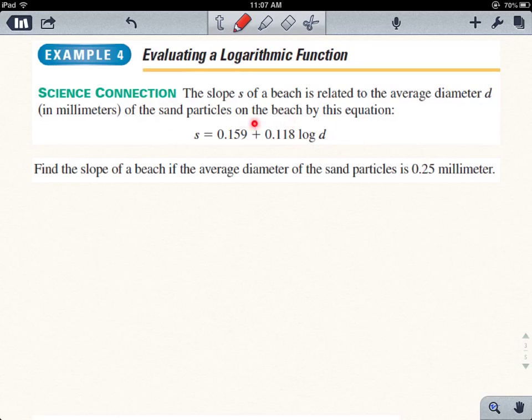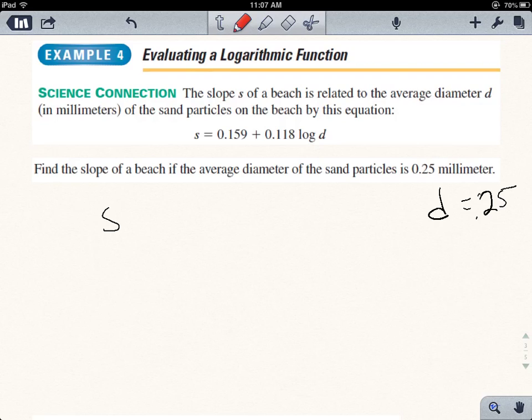So someone took the time to measure slope based on the diameter of sand particles at the beach. We want to find the slope of the beach if the average diameter of the sand particles is 0.25 millimeters. So diameter is D here, slope is S. Alright, so I'm going to come back up here and we're going to set this up. We're trying to find S. We're given that D equals 0.25.